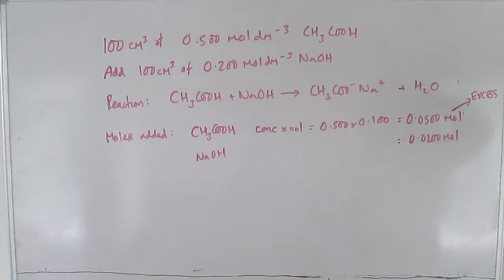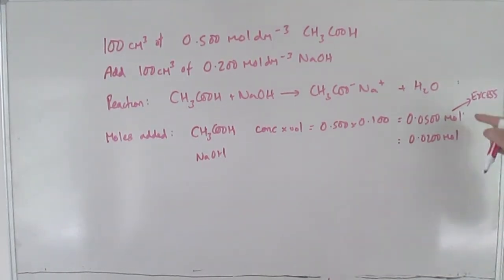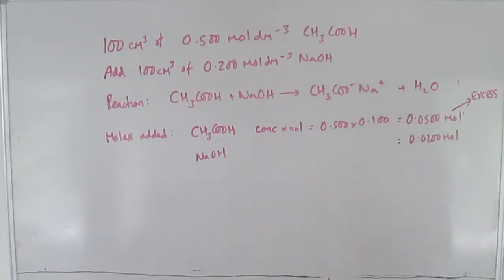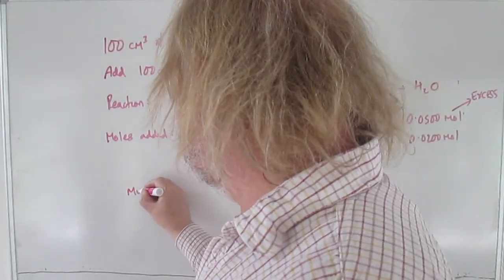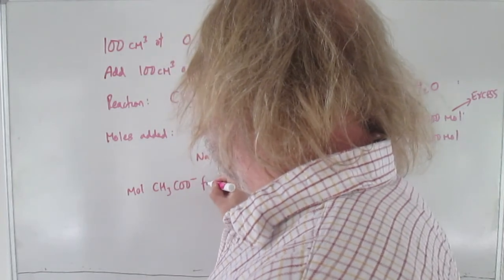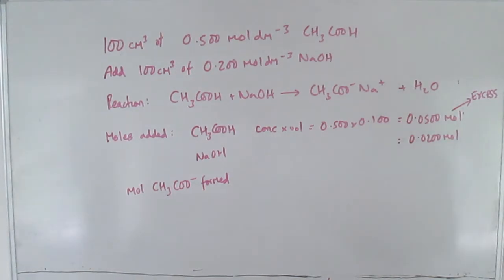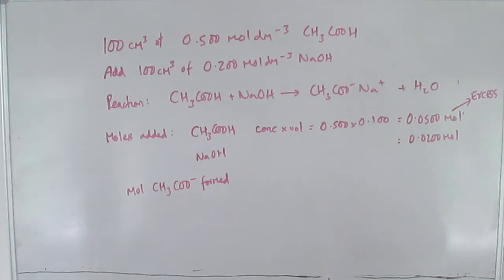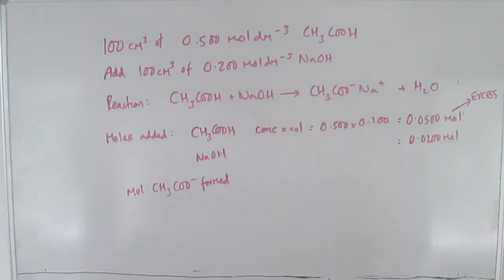And so what we can do is to work out what we've got in the mixture at the end, which will include the excess of this plus the ethanoate that's been formed. So let's first of all get the moles of CH3COO- formed. And you can see that because the sodium hydroxide isn't in excess, all of it is going to react because there's more than enough ethanoic acid to react with it.